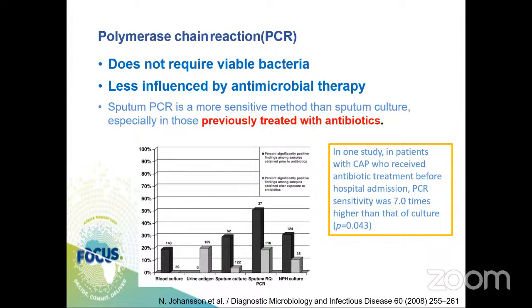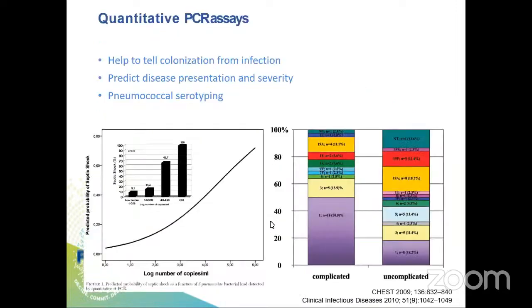And again, if you look at this study done by N. Johnson et al., you can see when comparing blood culture, urine antigen, sputum culture, and sputum PCR, another method, that the sensitivity or recovery with sputum PCR was a bit higher compared to the rest.